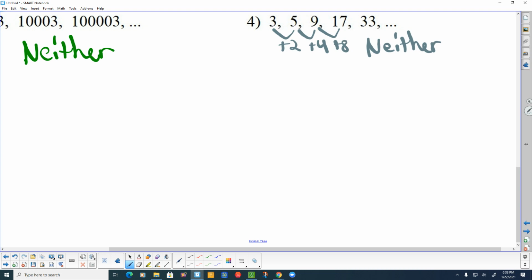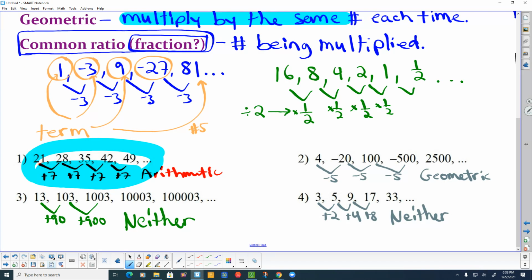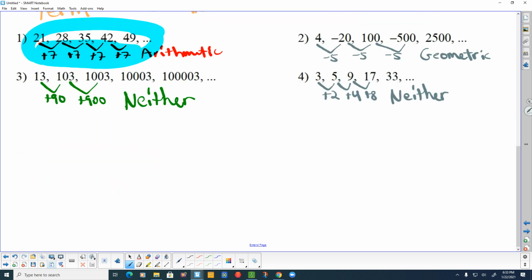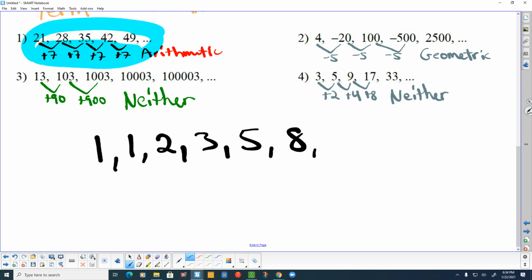And just so you know, I'm going to give you one of them, one of the most famous ones right now. This is a very famous sequence discovered 800 years ago, I think. Can you understand or figure out what the sequence is? How does it work?